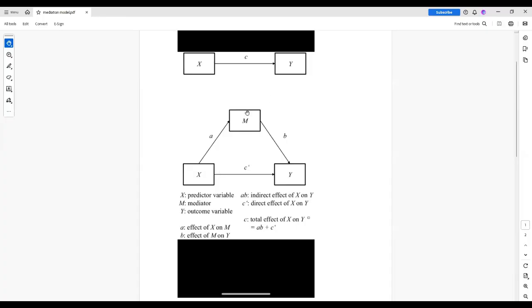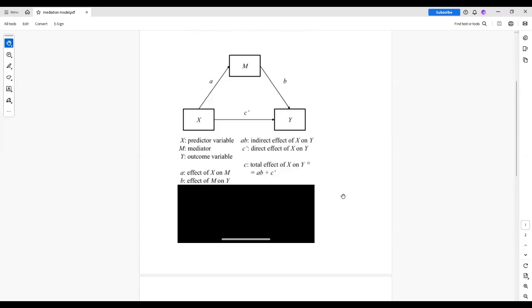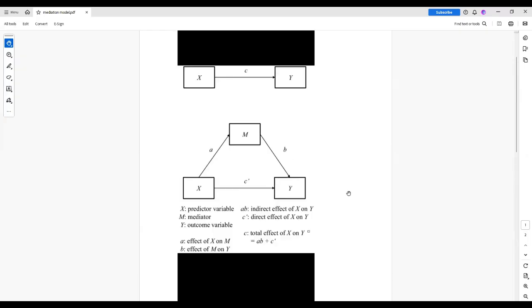But path A is just a simple regression effect, that is IV to mediator. And when we explain the mediation analysis, especially in SPSS, it can make more sense when you see the specific regression models that we are including in our mediation analysis.